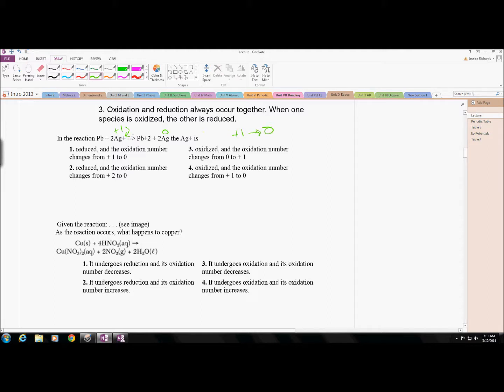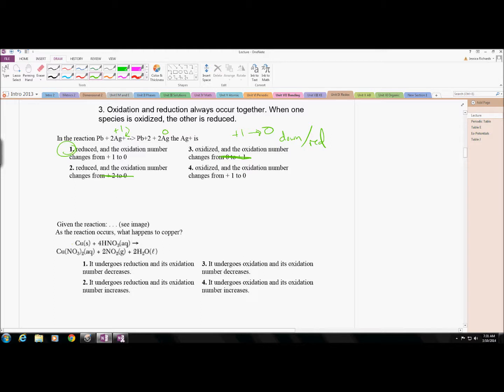Notice you just follow the same direction as the arrow in the equation. So anything that has the opposite happening or the wrong number, we're going to ignore. Notice it's not the total charge, it is the oxidation number. So it's one of these two. Then we ask, is that number going up or down? From +1 to 0, the number is going down. So that means it's being reduced, and we have reduction.